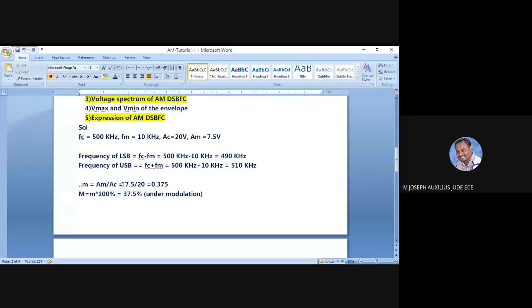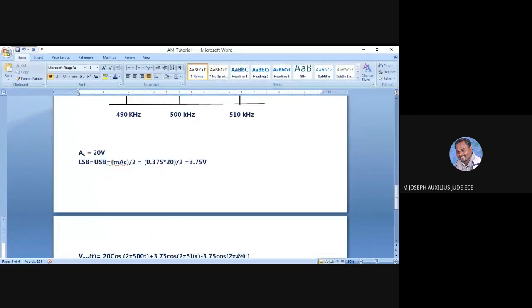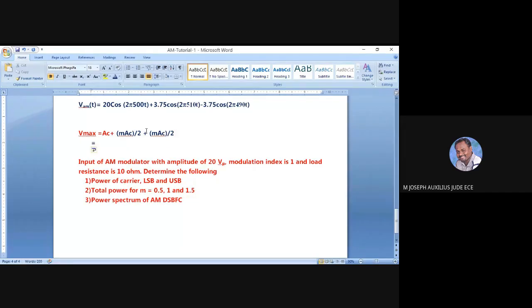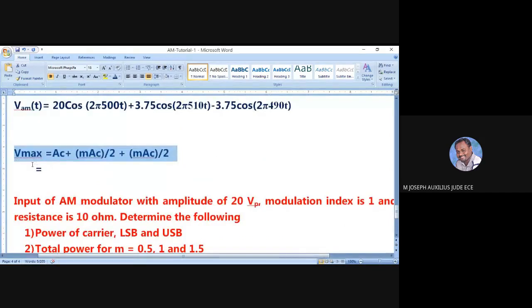So Vmax and Vmin are given in equation 16, and this is the equation for Vmax and Vmin.